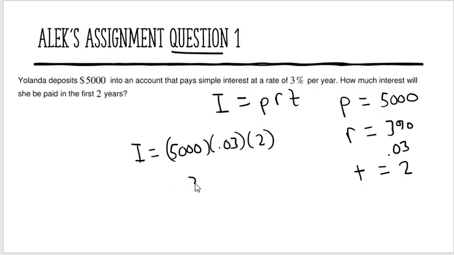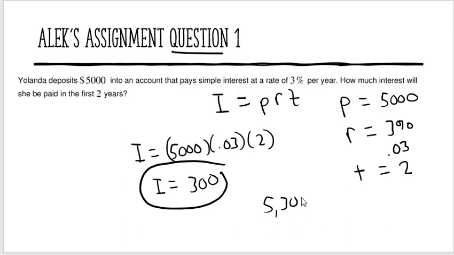Okay, and that gives us $300. So the interest earned in the first 2 years would be $300, and that means that she would now have $5,300 in her account if she only ever made her initial deposit of $5,000.